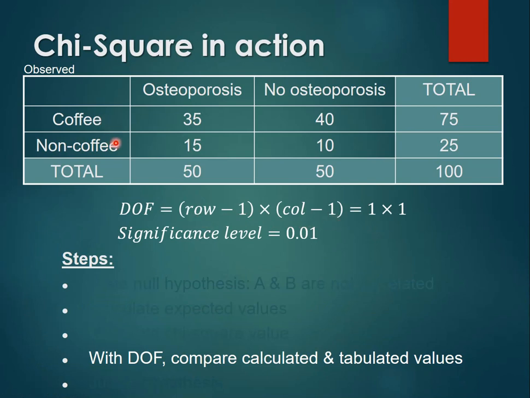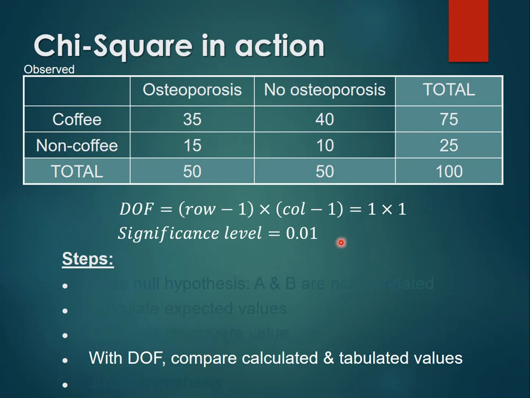There are two rows here, coffee and non-coffee, so 2 minus 1 is 1, times the two columns, osteoporosis and no osteoporosis, so 2 minus 1 is also 1. So we have 1 times 1 equals 1. So the degree of freedom is 1, and the given significance level is 0.01.